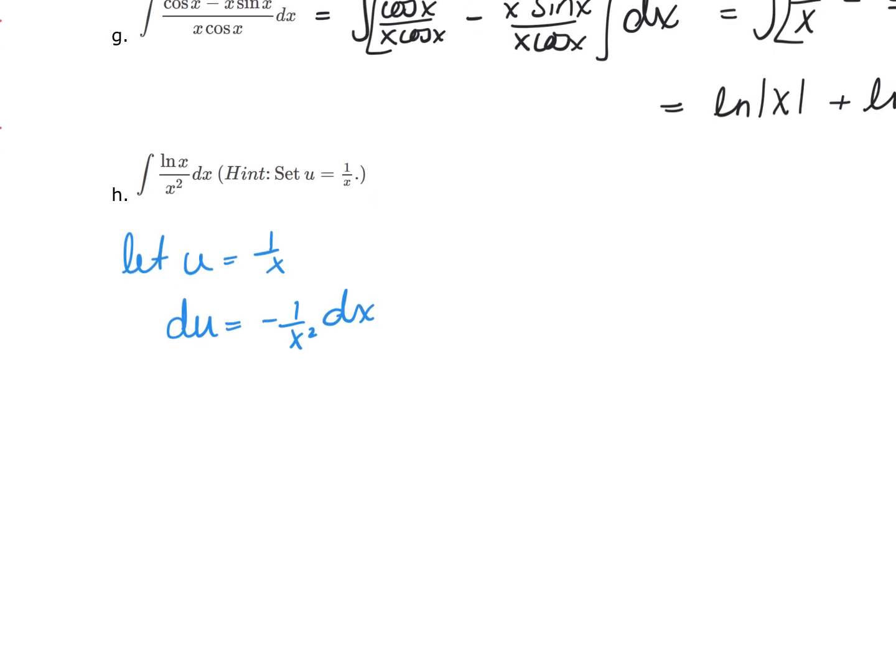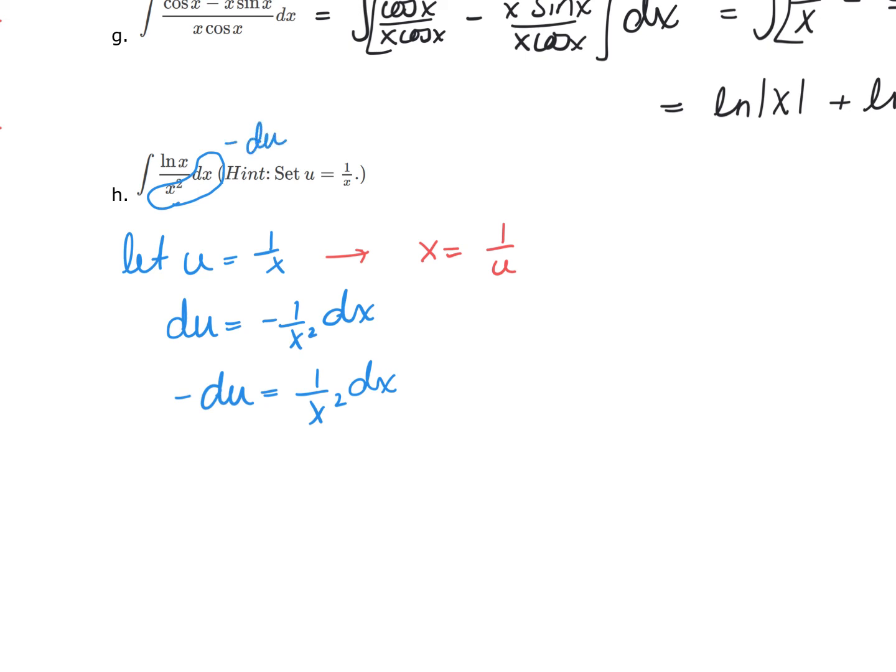And so I have negative du is going to be 1 over x squared dx. And from this point, I know that x is equal to 1 over u. And you're thinking, why is this helping me? Well, we know that 1 over x squared dx gets replaced with negative du.